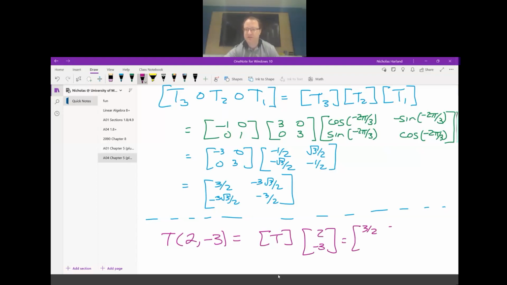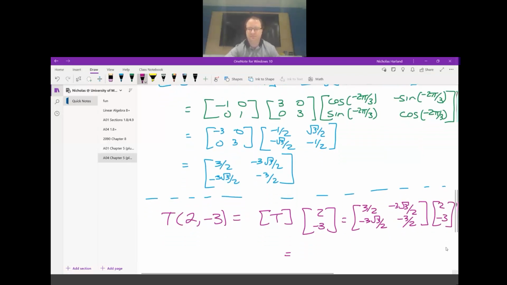So whether we use it from the first one or the second one, it was the same thing. And so what do we get? 3 plus 9√3 over 2, and -3√3 plus 9/2. So that's what would happen if you took 2, -3, rotated it, dilated it, and reflected it. This is where we'd end up.